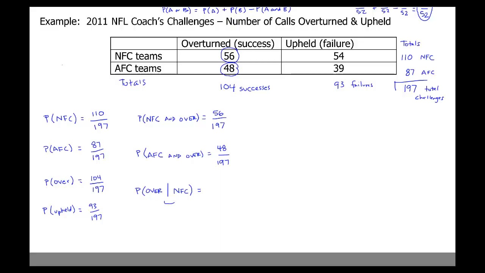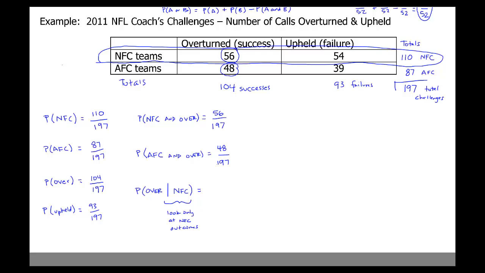When you have this part right here, we're going to look only at NFC outcomes, which means we're not going to look at the AFC in our probability. So the probability of being overturned, given that it's an NFC team that made the call, we're only going to look at the NFC part of the table, which is the first column, or first row, sorry.